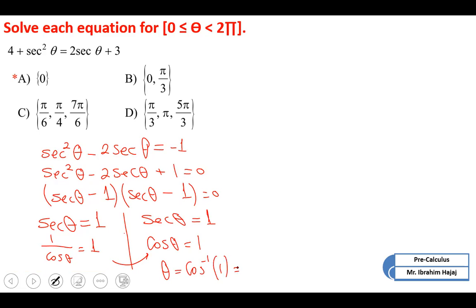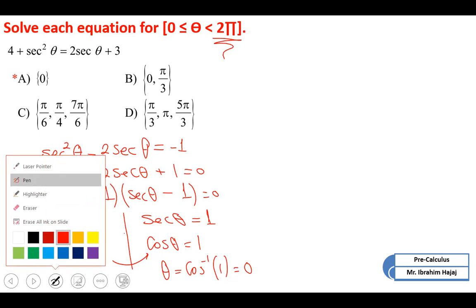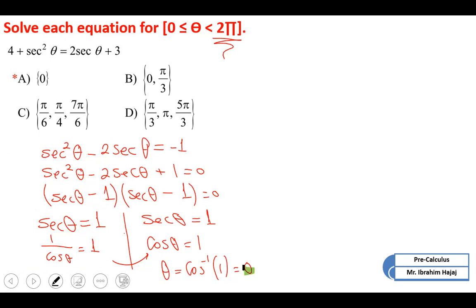What angle has cosine 1? It's 0, or 2 pi, but 2 pi is outside our domain, so your answer will be 0 only, okay? Your answer is 0, and your answer is A.